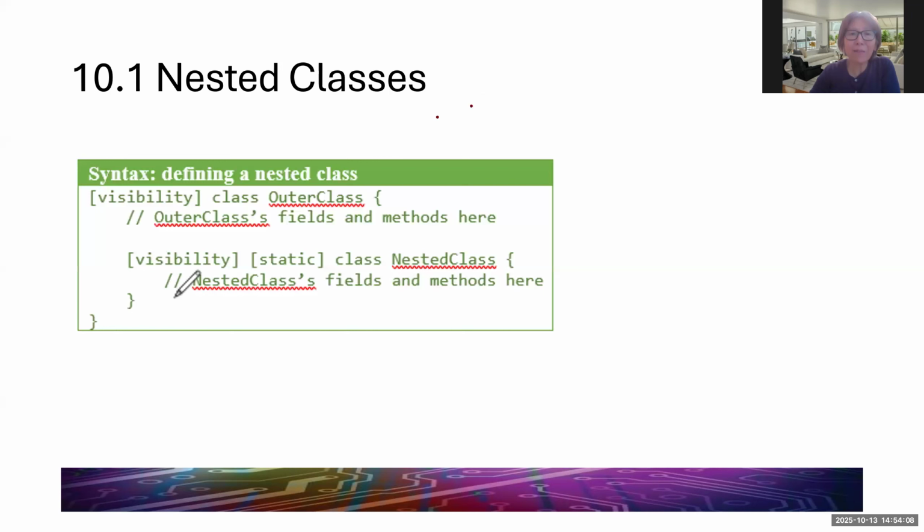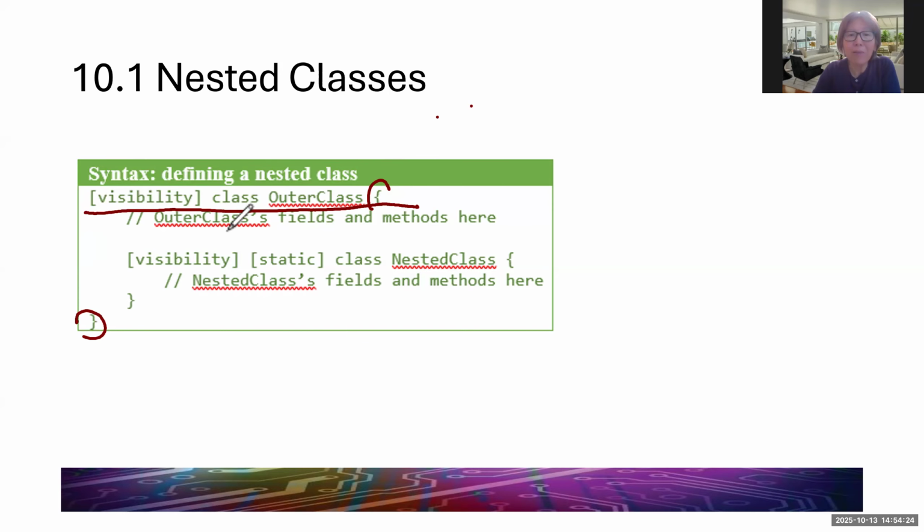The syntax to define a nested class is as follows. Here is the outer class, as usual, with its visibility and class name.